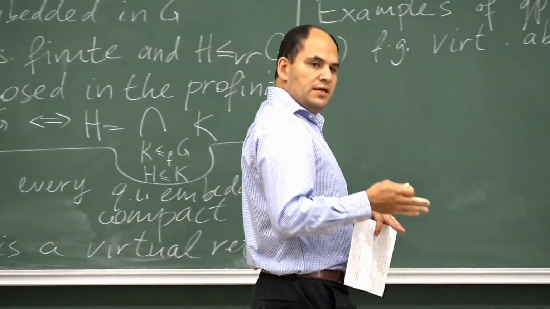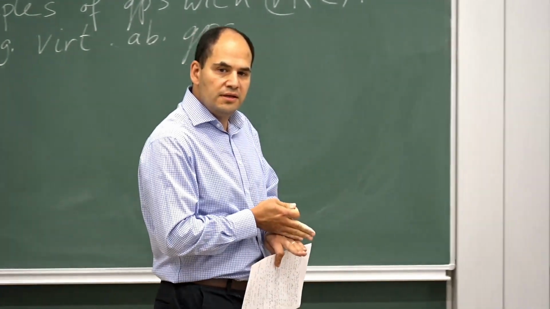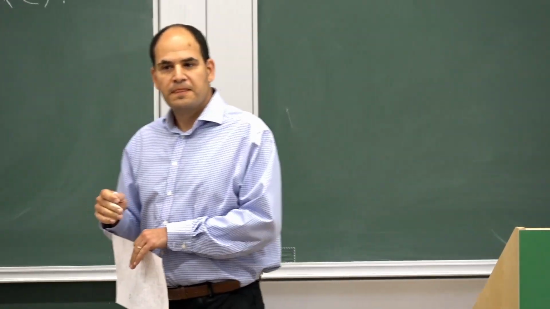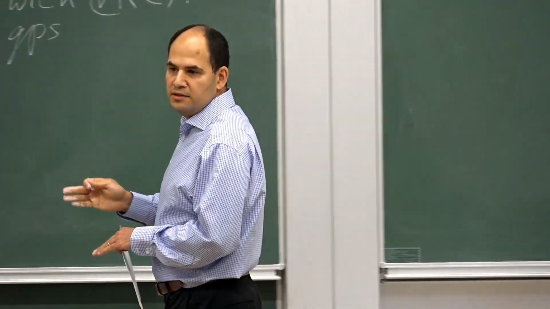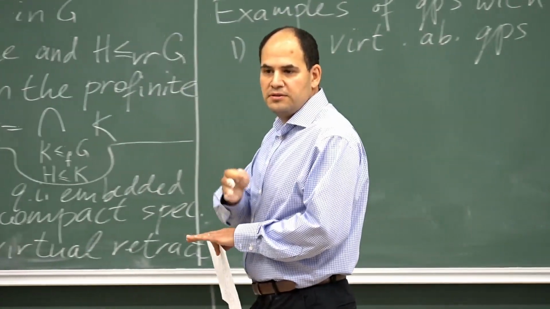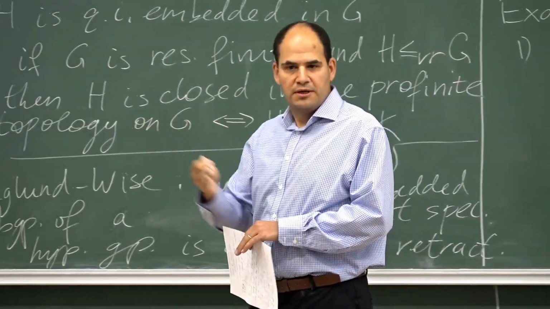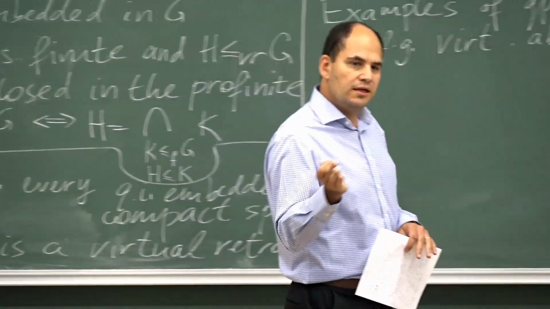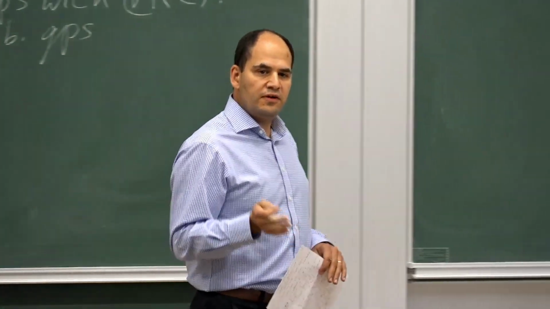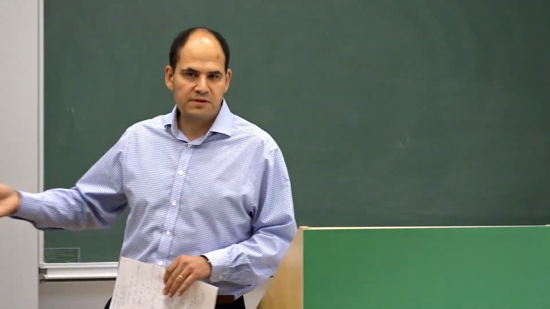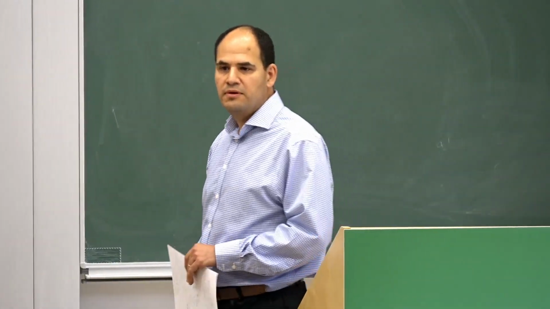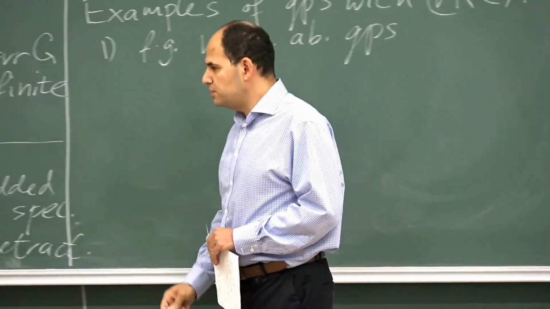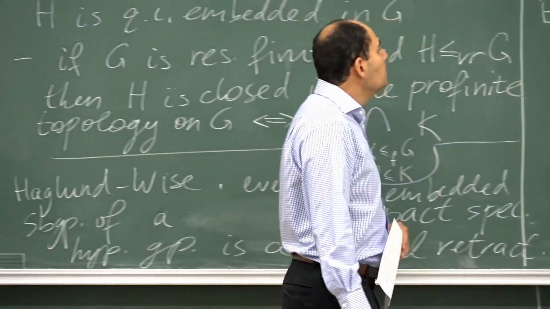Therefore, it has finite index in a direct factor, in an element of a free basis, and then there is a homomorphism to Z, which kills everything else. So your subgroup is mapped to a finite index subgroup of that image. You pull back the finite index subgroup to the whole group, and you get something that retracts onto your cyclic subgroup. But for virtually abelian, you need to do some work, but it is not hard.